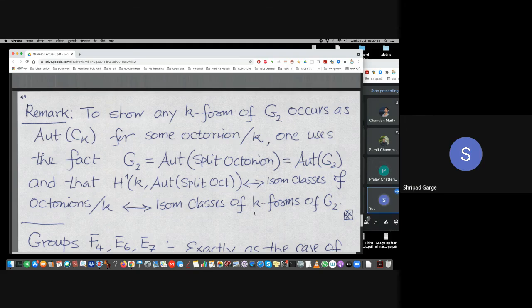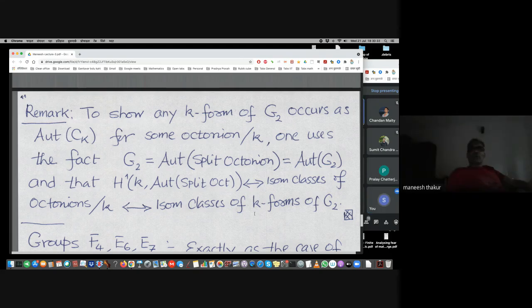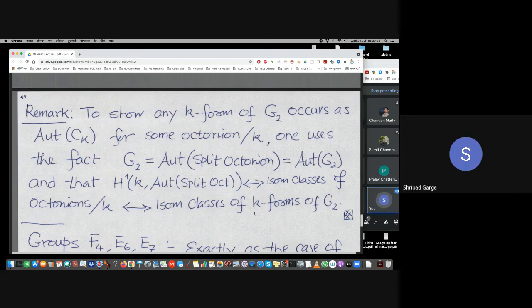So the lower group is a form of the split group, because the split group is also defined over small k. So the lower group G is a form of the split group G2. Which is also obtained by a cocycle taking values in Aut G2. And we take the action of the same cocycle on the split octonions.